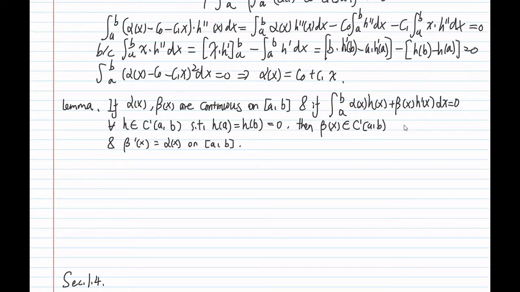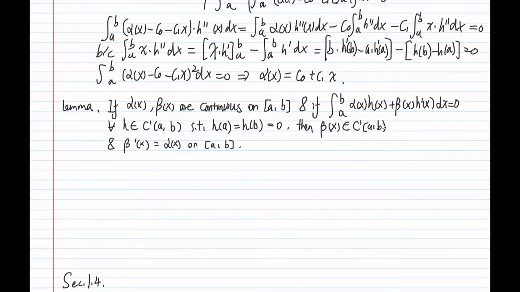Then the result is that beta would actually be continuously differentiable, and beta prime would equal to alpha on [a, b]. So the emphasis here is that we previously don't know that beta is differentiable. Okay, so beta is not required to be differentiable as a start, but by the end, we will prove that it's actually differentiable and the derivative equals to alpha.